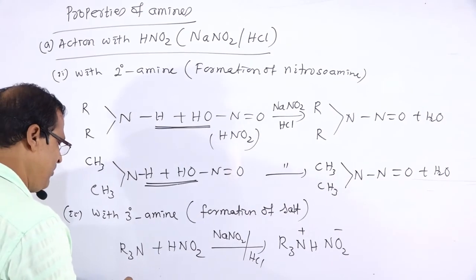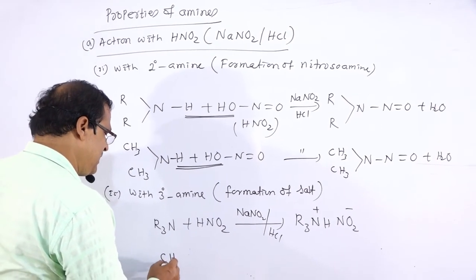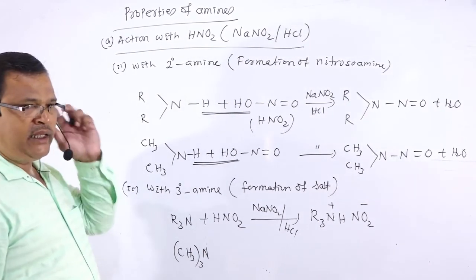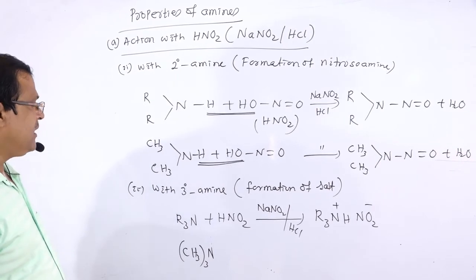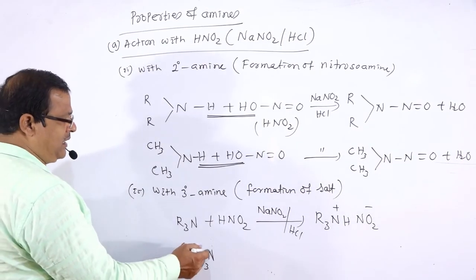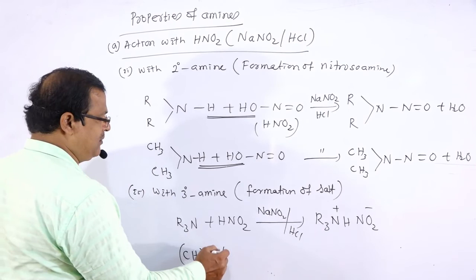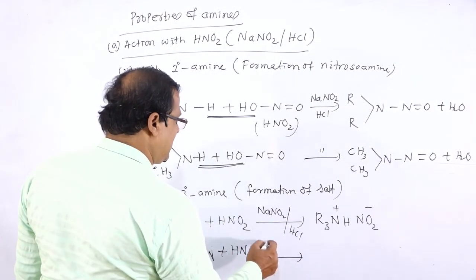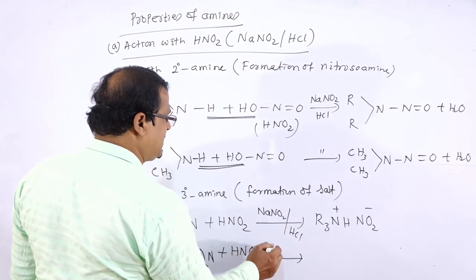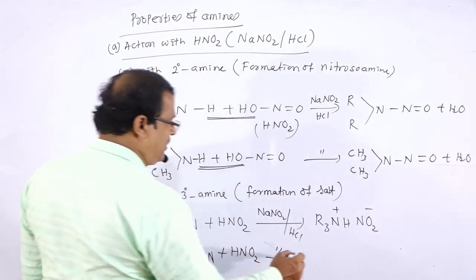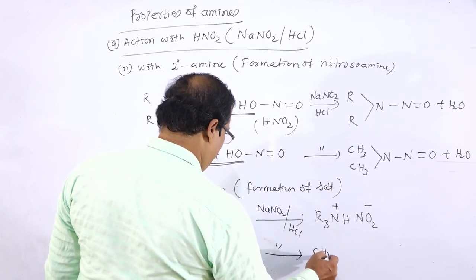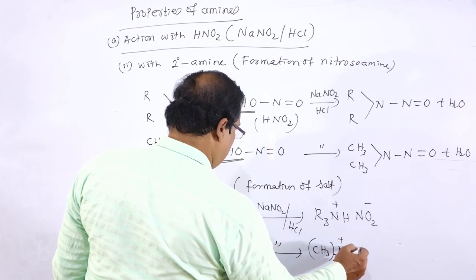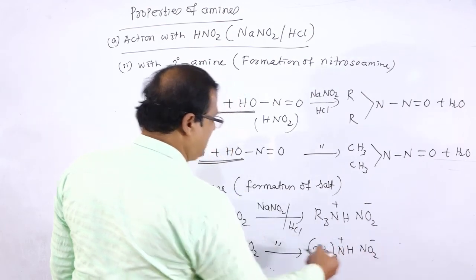For example, (CH3)3N, that is trimethylamine, nitrogen atom linked to 3 alkyl groups, treated with HNO2, nitrous acid, with the same reagent NaNO2 and HCl. So there is the formation of salt, (CH3)3NH plus NO2 minus.